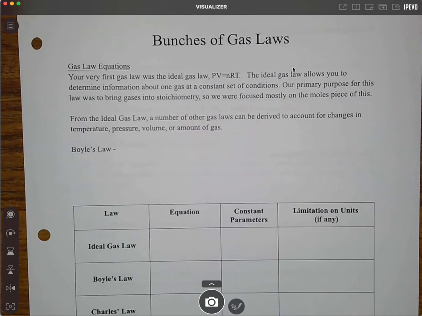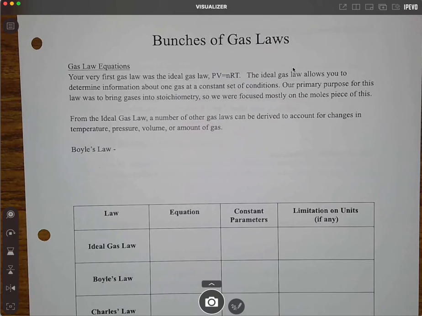Sometimes you made the volume smaller, sometimes larger, which can be managed by doing the ideal gas law once, changing the condition, doing the ideal gas law a second time, in order to calculate what your new condition is. Or you can start to use the ideal gas law to derive some other laws.